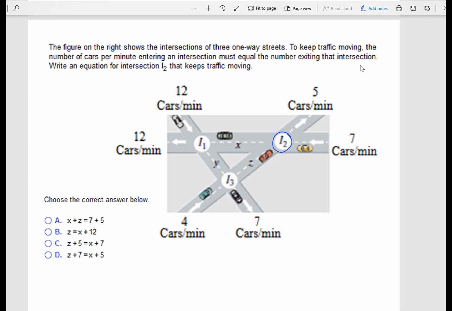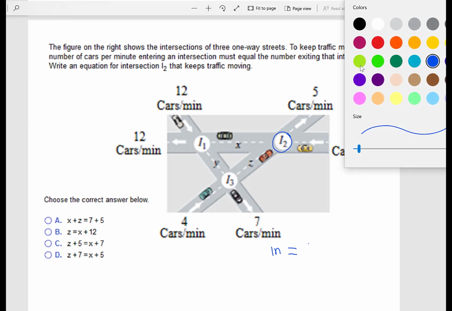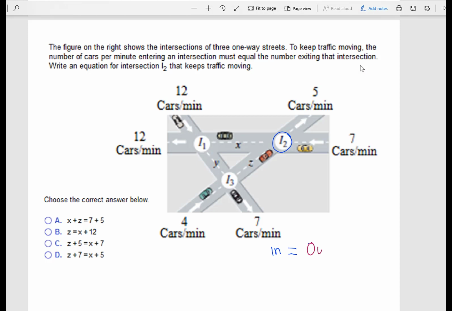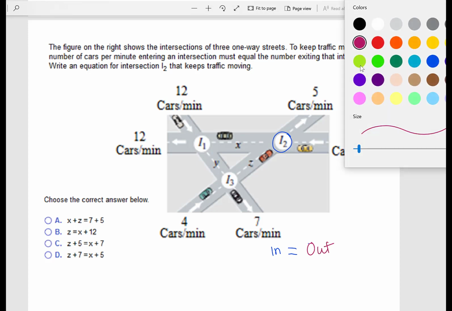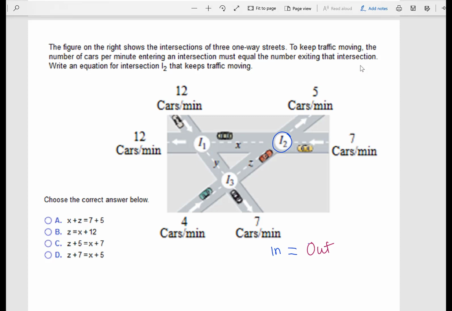Okay, so here's I2. They said the number of cars entering an intersection has to be equivalent to the number of cars going out. So let's say cars coming in has to equal cars going out. And actually, we're going to put that in a different color so we can identify what that is. So in blue, cars going in to I2. We have cars coming in right there.